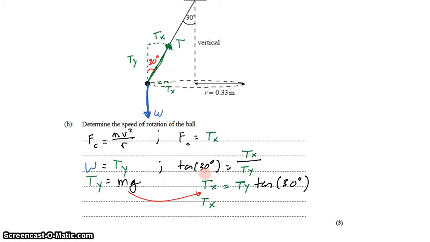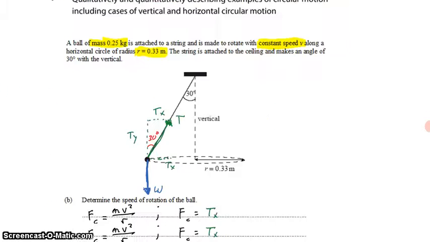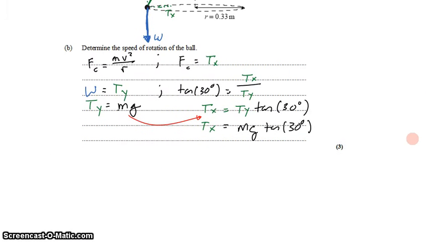So Tx is equal to mg tangent of 30 degrees. Oopsie. And now I know everything. I know m and g, and therefore I know Tx, and therefore I know the centripetal force, and therefore I can find my velocity.